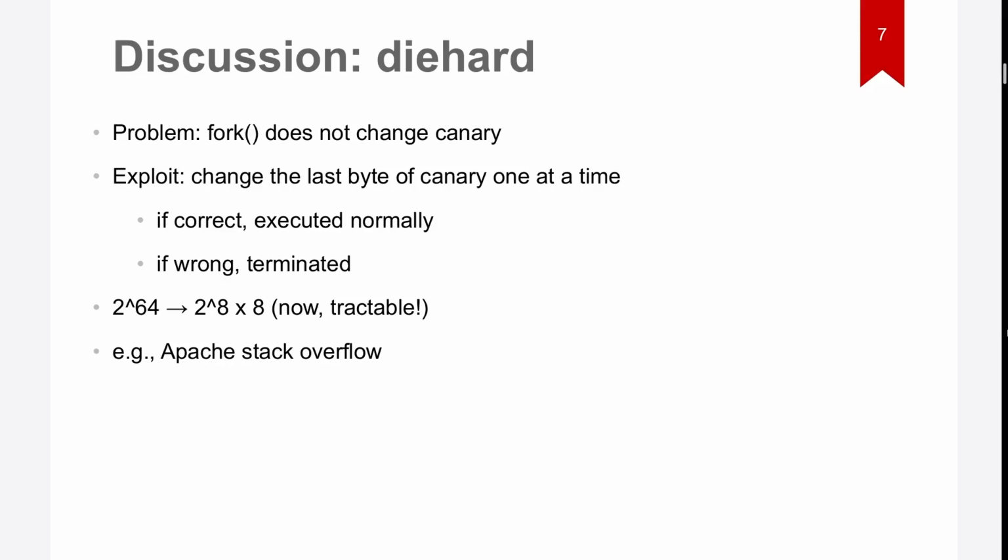That means the canary doesn't change. In different connections, there is the same canary. So with a similar approach, we can guess the canary byte by byte. Instead of guessing 2 to the 64 or 56, we only brute force 8 times a byte.